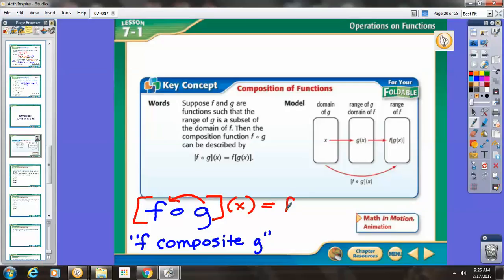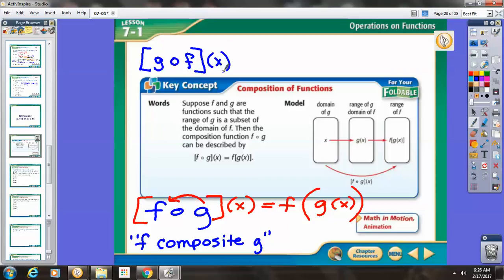We're going to write f. We're putting into f. What are we putting into f? G of x. Okay. We're going to put that g function into our f function. So f composite g. We could also go the other way. It looks like goth there. Not goth.